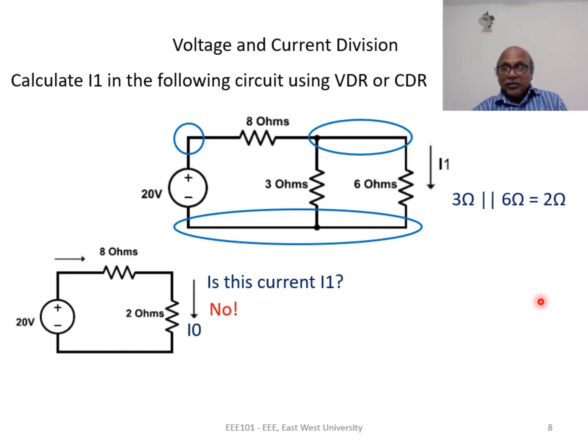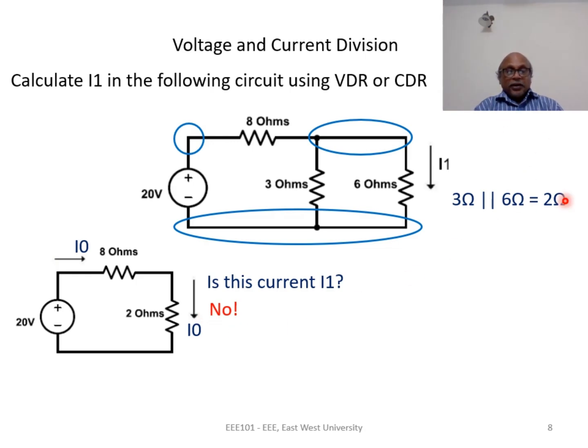We know that series connected elements carry the same current. So the current through 8 ohms and the current through 2 ohms in the same direction are the same. So which current is this? Yes, this current is I0. The current through 8 ohms is I0. The current through 2 ohms is also I0. And remember again, I0 is different from I1.